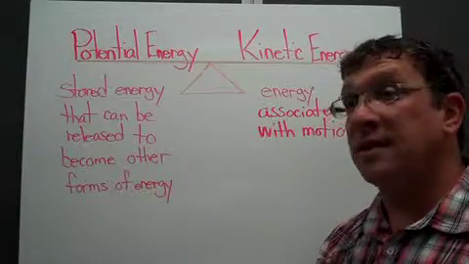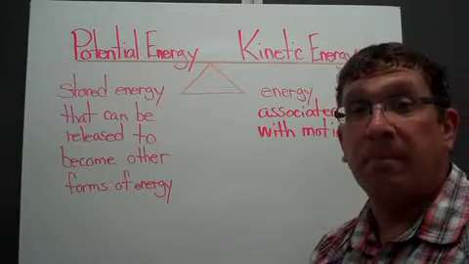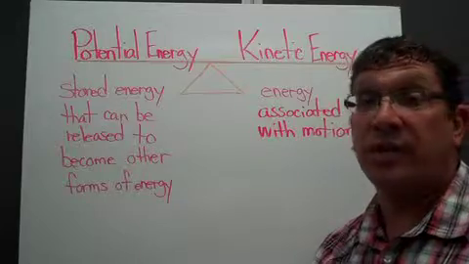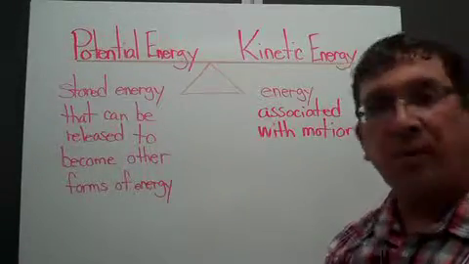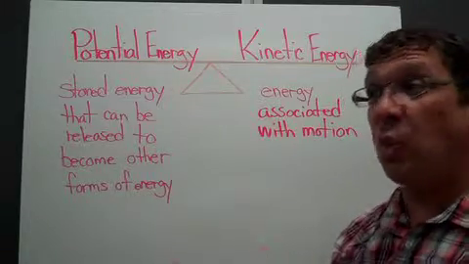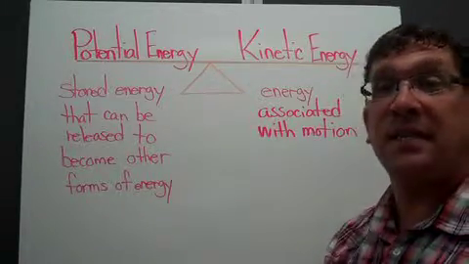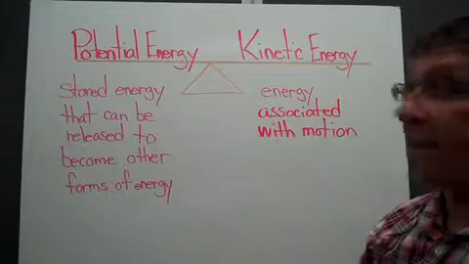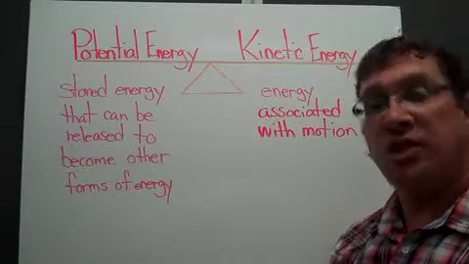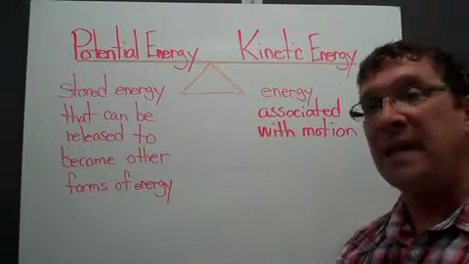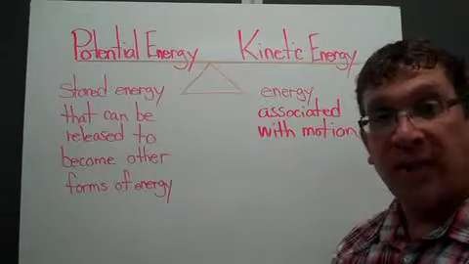Now there's lots of ways to store up this energy. You're going to discover several different ways during this science kit that we're going to use. Now potential energy, once it's stored up, has to be released. And when that stored up energy is released, then it becomes kinetic energy. And that's going to be the energy associated with motion, what we're going to be talking about mainly during our motion and design unit.